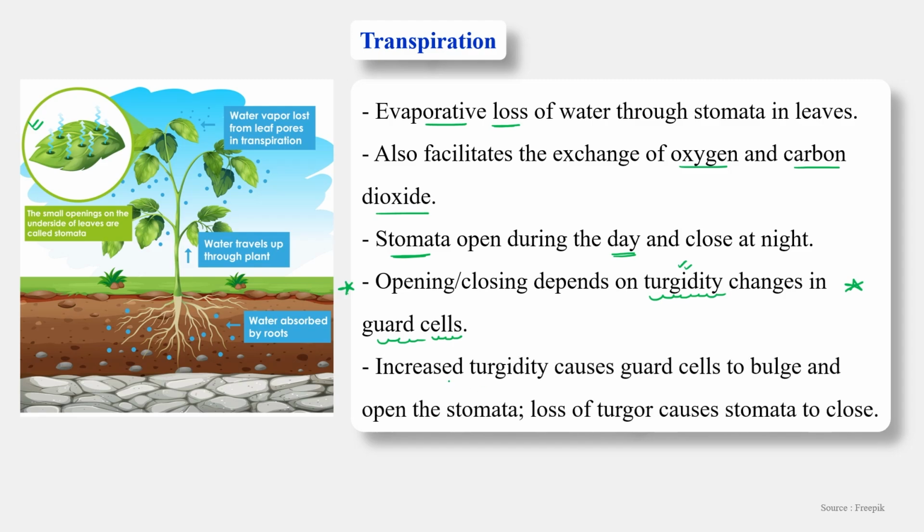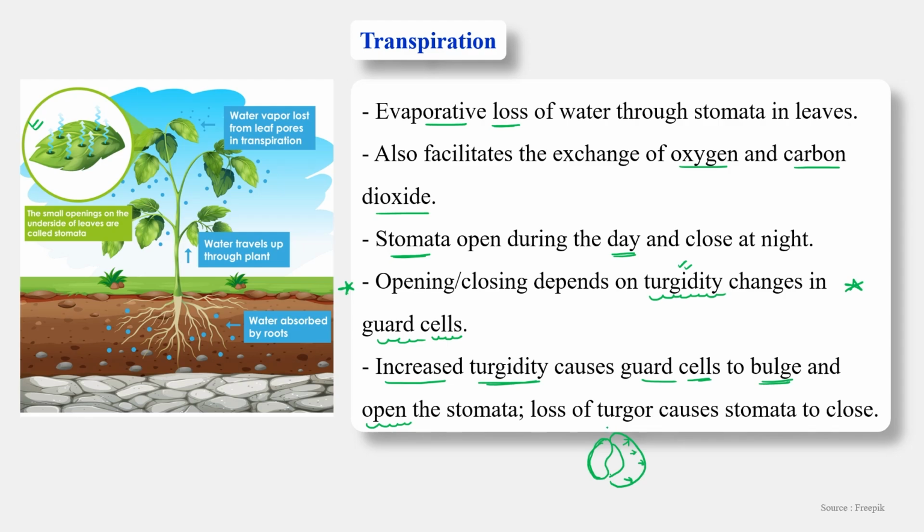If turgidity is high, this is the stomata opening and these are the guard cells. If it is turgid, what will happen? It will stretch out its cell length, cell membrane, which causes a bulge. Guard cells show bulging, which causes opening of stomata, right?